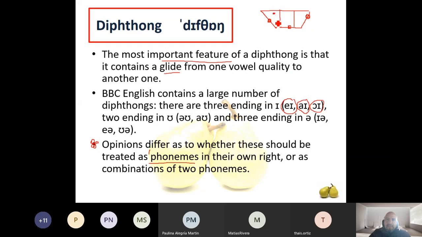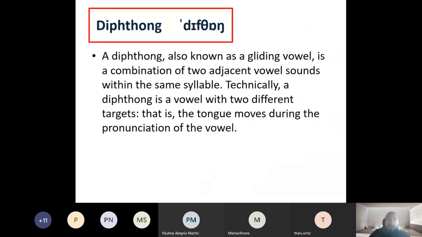So the idea is that in the production of a diphthong, you start in one place and then you move to another. You glide from one place into the other when you are producing a sound. When you say play, your tongue starts in one place and glides to the next one. We will see this in an image that I want to show you, to show you the gliding process.